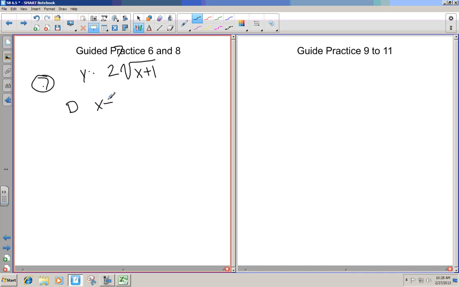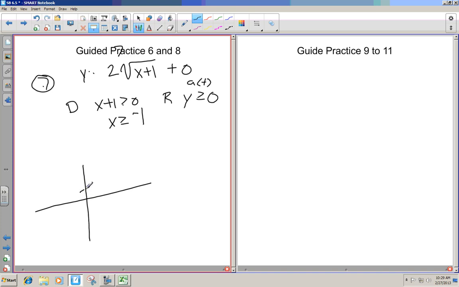You say x plus 1 greater than or equal to 0. Therefore, x is greater than or equal to negative 1. Range is what's being added on, nothing. So y is greater than or equal to 0. A is positive, so that's why we use a greater than. So good. We already have the domain and range done.